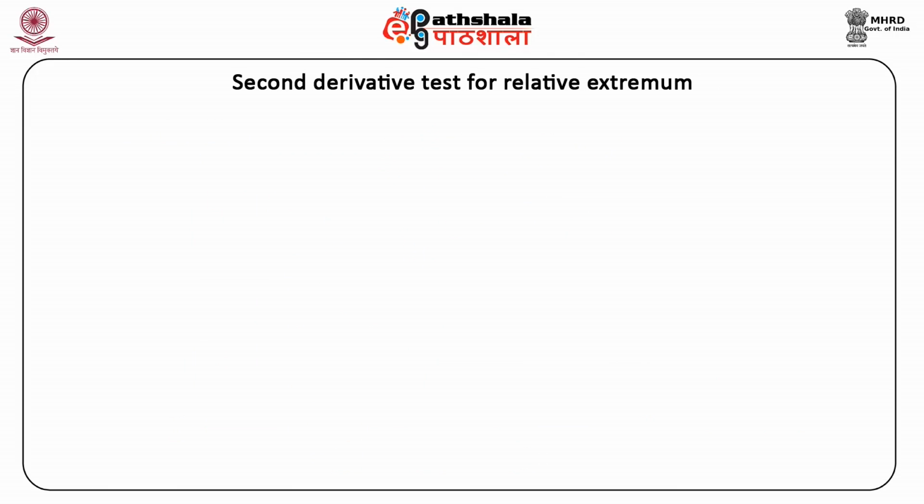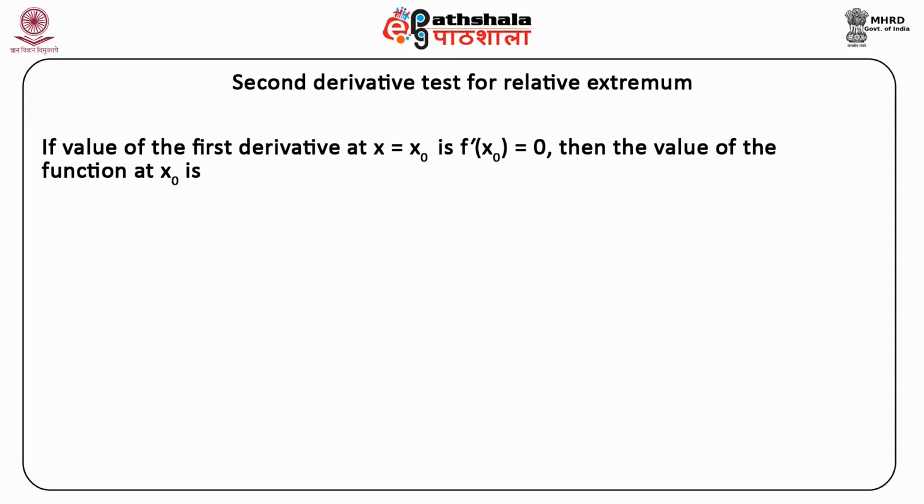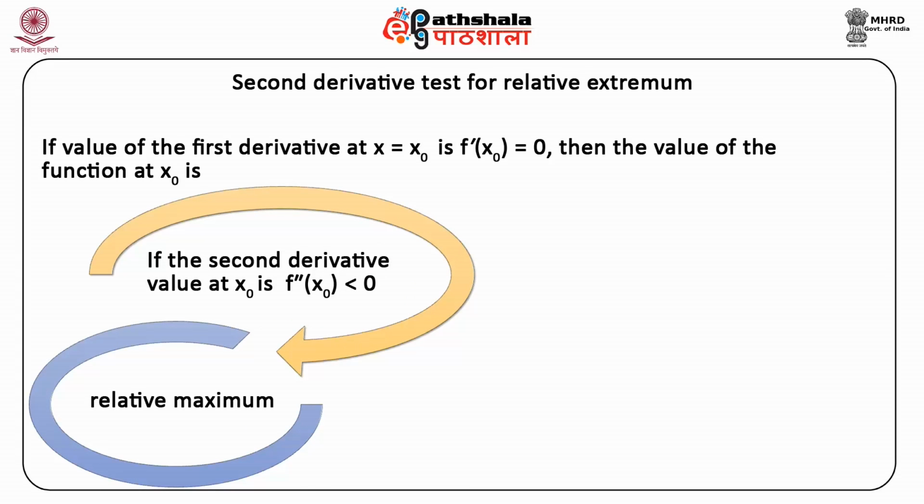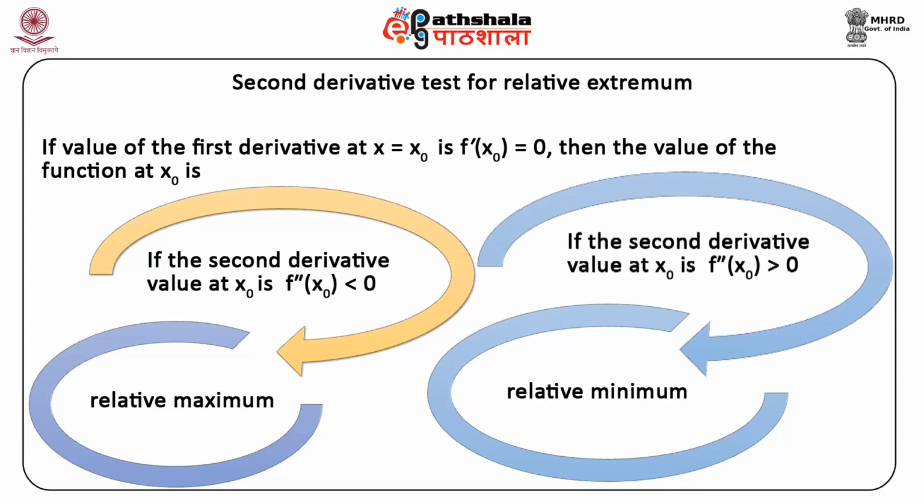Second derivative test for relative extremum. If the value of the first derivative of a function f at x = x0 is f'(x0) = 0, then the value of the function at x0, that is f(x0), will be first a relative maximum if the second derivative value at x0, f''(x0), is less than 0, and a relative minimum if the second derivative value at x0, f''(x0), is greater than 0.